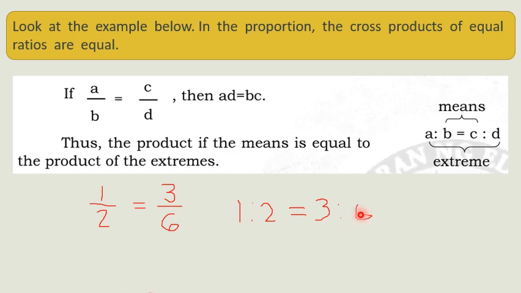Yung nasa loob, ang tawag dito ay means. Kapag pinag-multiply natin yung dalawang extreme, yung 1 at saka 6, tapos pinag-multiply natin yung dalawang means, 2 at saka 3, same dapat sila. 1 times 6 is 6, 2 times 3 is 6. So, they are proportion.